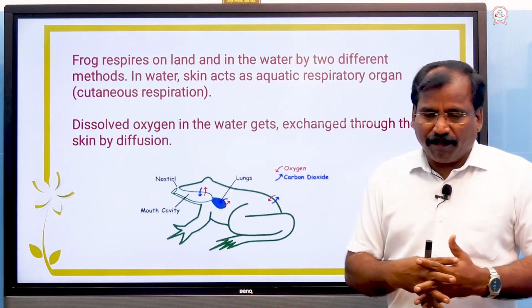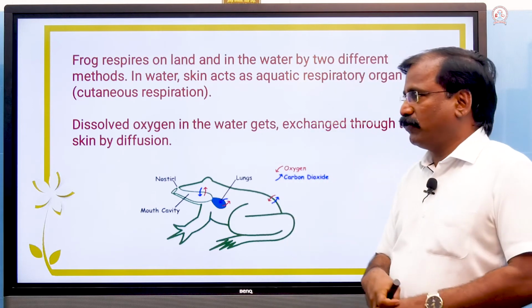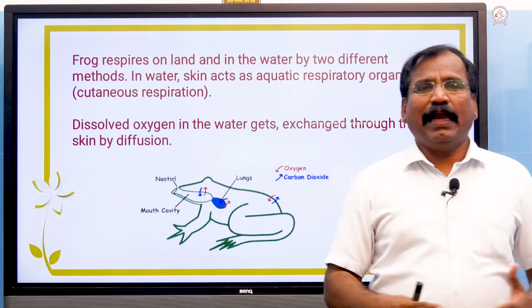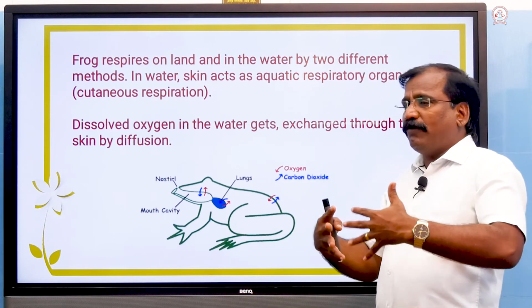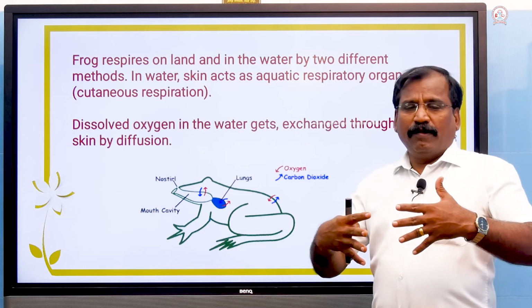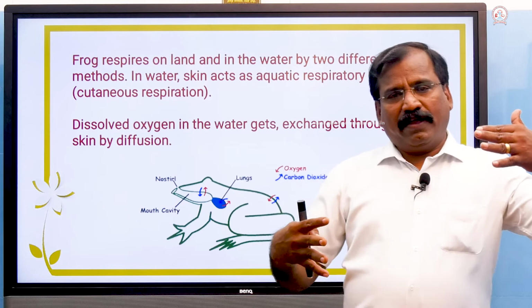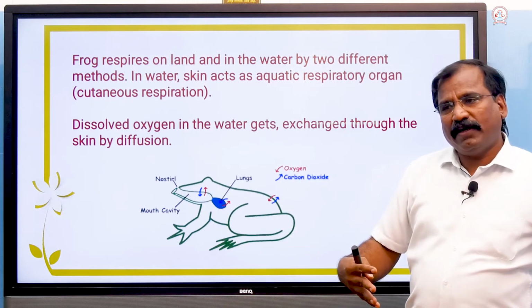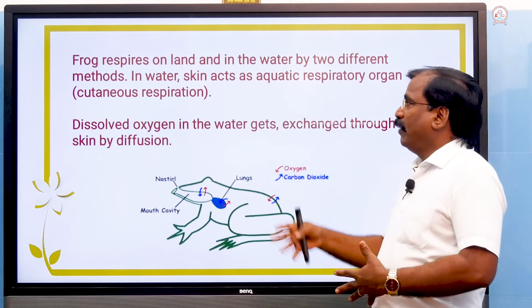The frog is an amphibious animal. That means it is able to live in water and on land, so it also develops a dual mode respiratory system. In water it is able to respire, and also on land.